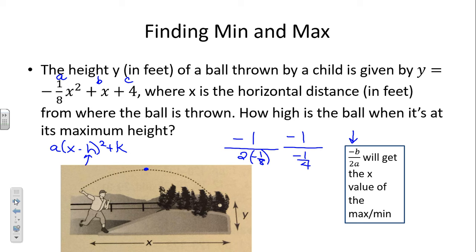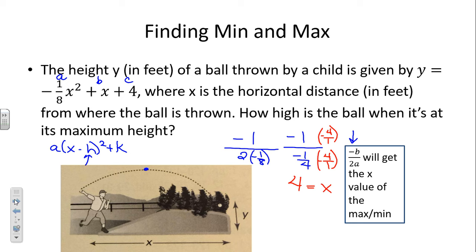Okay, so if we're multiplying this by its reciprocal, those guys will cancel, won't they? The net result is simply invert and multiply. So what is negative 1 times negative 4? 4. 4 is the x value at that height, so basically it's that time. Okay?